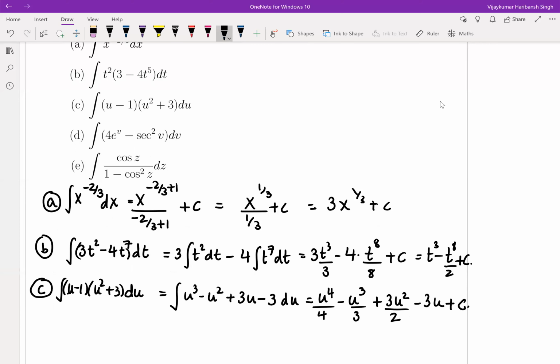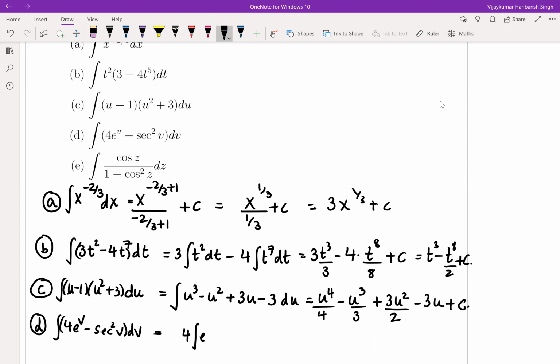How about d? For d, you should notice that this is 4e to the power v minus secant square v dv. Now we'll split it using the sum rule and take the constants out.